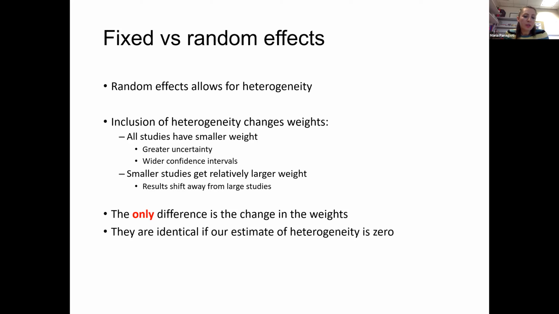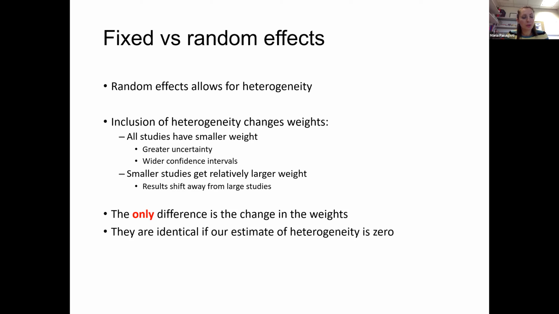Because the main reason we're doing that is because we want to avoid studies which have really small sample sizes and strangely big effect sizes. So to some extent, if you allow for fixed effects in a study that has high heterogeneity, the studies that are smaller and have really wide confidence intervals, or have strangely big effect sizes, are going to affect very much the overall effect.